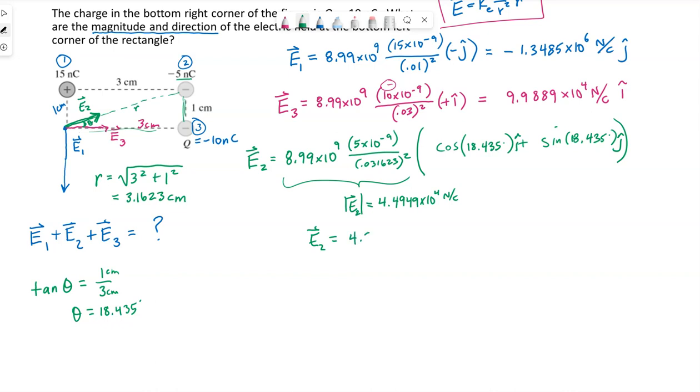So 4.2643 times 10 to the 4th. I'm just trying to keep the same number of decimal places. Plus electric field times the sine of this angle, 1.4214 times 10 to the 4th j hat.